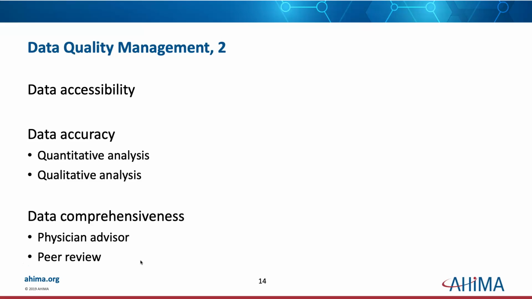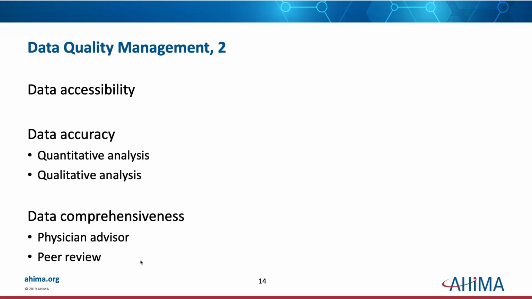Do they have that accessibility so that they can do what they need to do when they need to do it? Is it accurate? We need to manage that. We need to do quantitative analysis on the data and qualitative analysis on the data. And if you're not sure of quantitative versus qualitative, go back and look up the differences between the two.